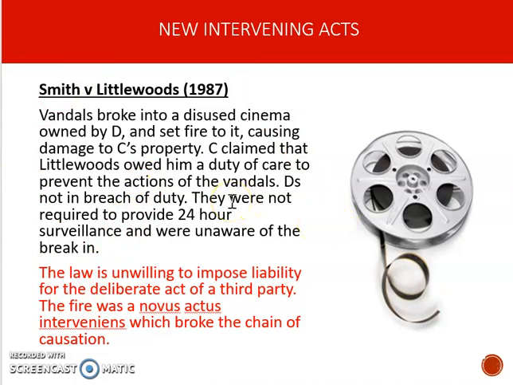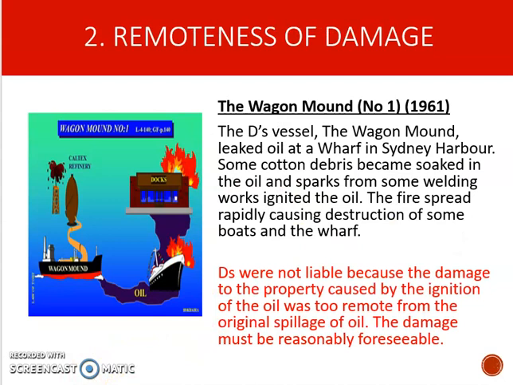Okay then, so we've looked at the first stage of proving damage, we've looked at factual causation, we now need to have a look at legal causation or remoteness of damage. Remoteness of damage relates to the requirement that the damage must be of a foreseeable type.